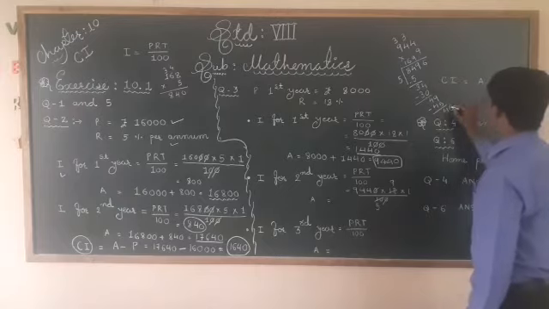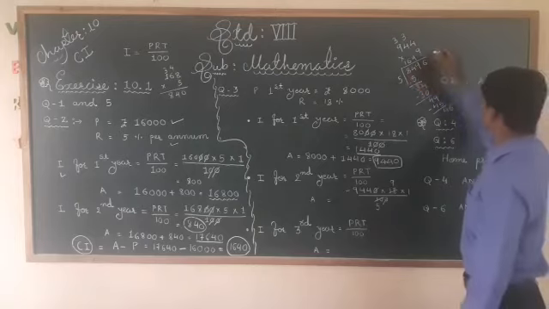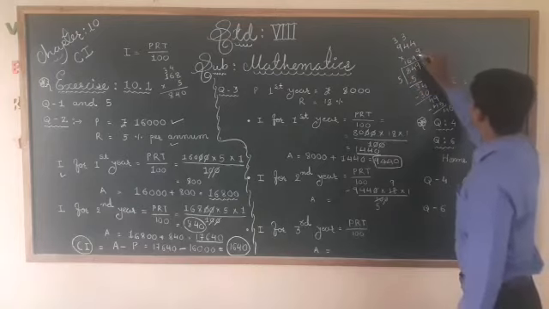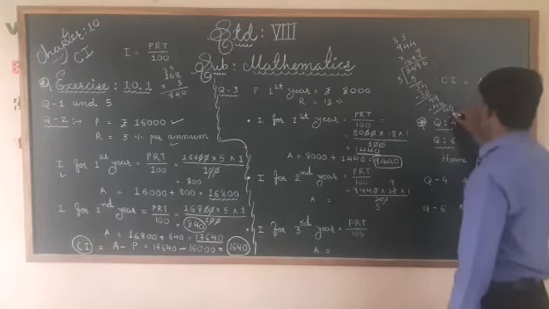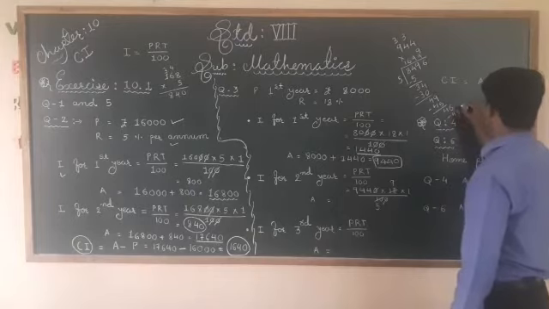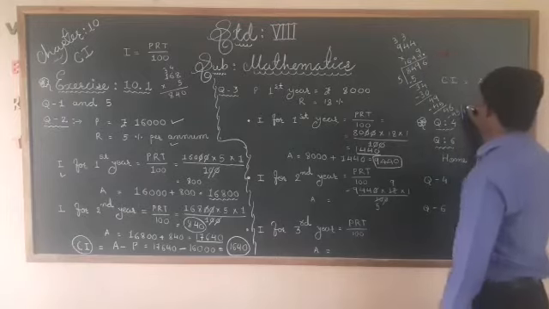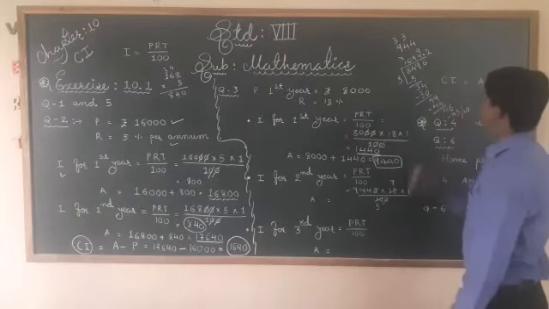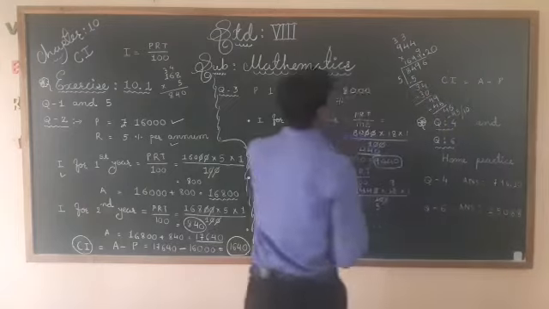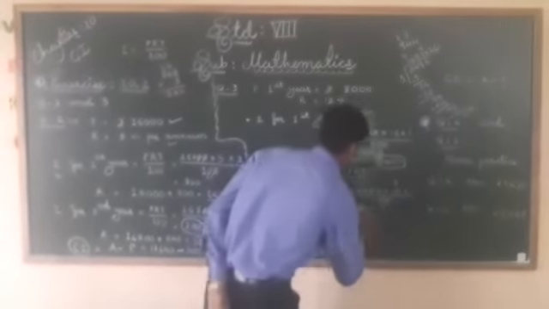Then this 6 will come down, and again 9 fives are 45, 1 will remain, and here the point will come. So this is the value we'll get. The answer is 1699.20.